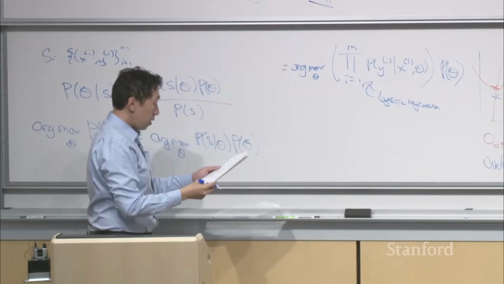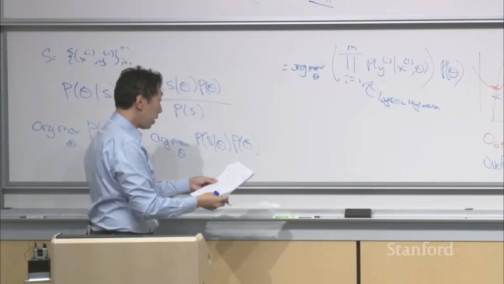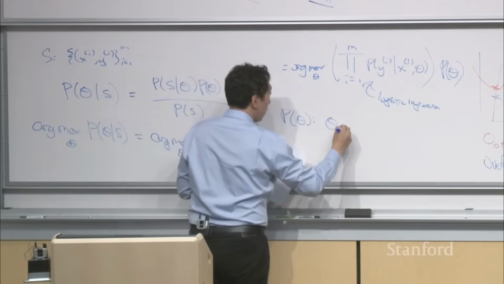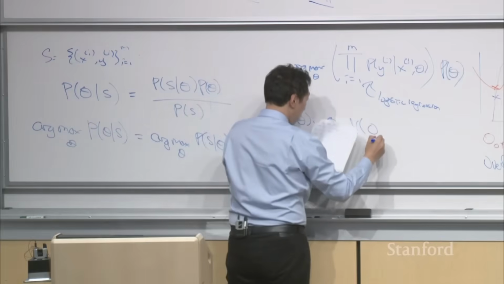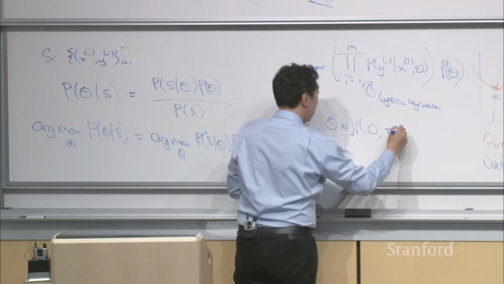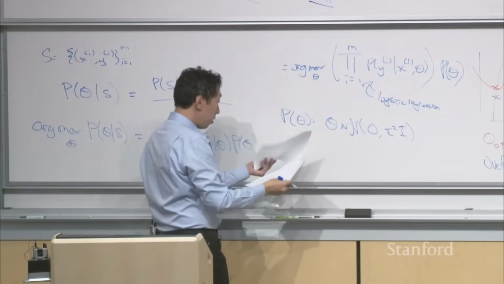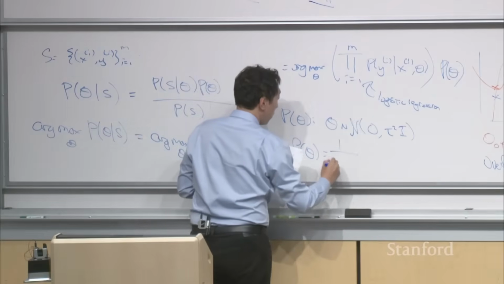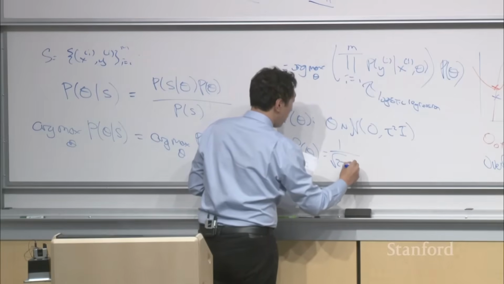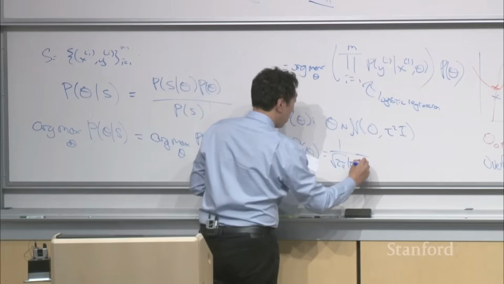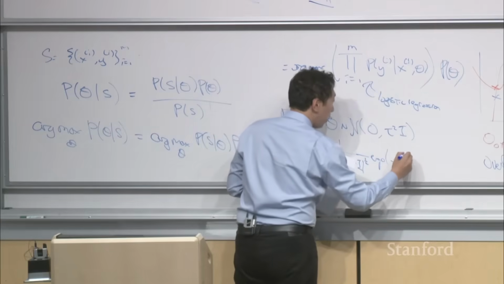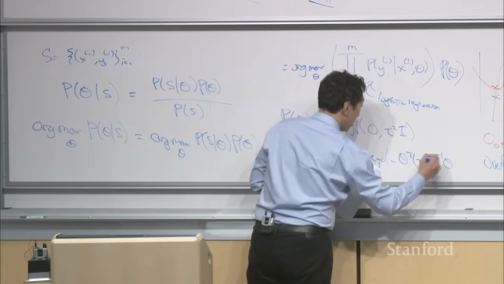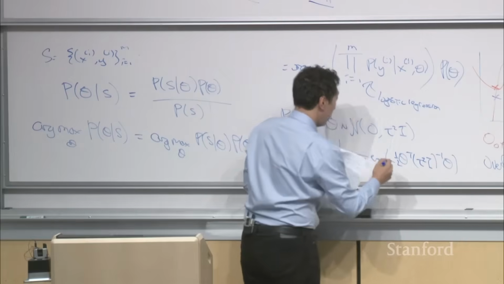It turns out that if you assume the prior probability on theta is Gaussian with mean 0 and some variance tau squared I, so P of theta is 1 over root 2 pi times the determinant of tau squared I, e to the negative theta transpose tau squared I inverse theta. That's the Gaussian probability.